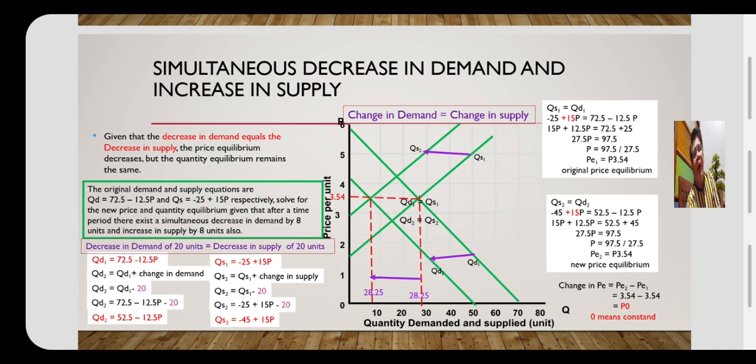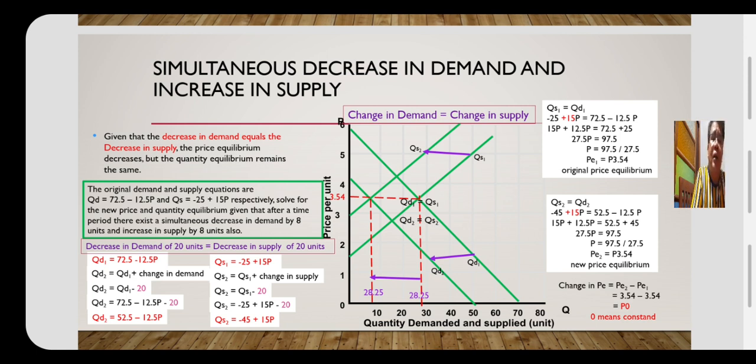Now, the procedure of finding the new price for the new demand equation and the new supply equation is the same as what we have done in the previous slide. So let us not highlight on this anymore.